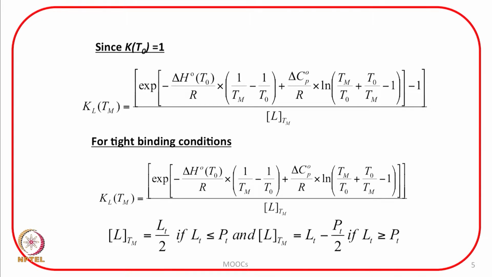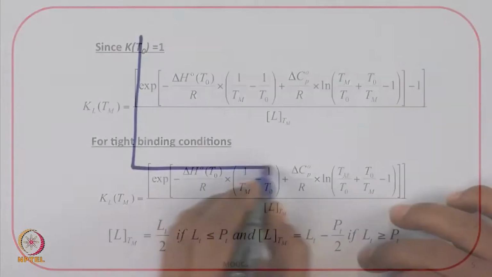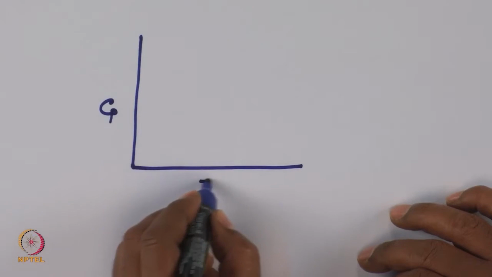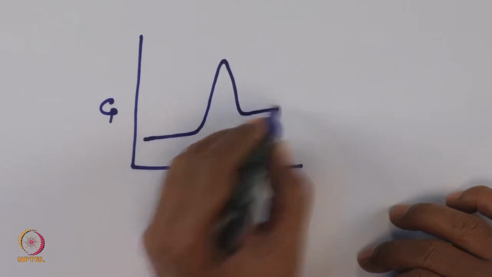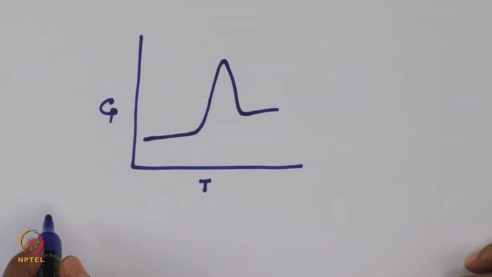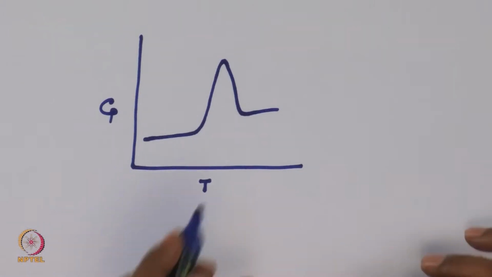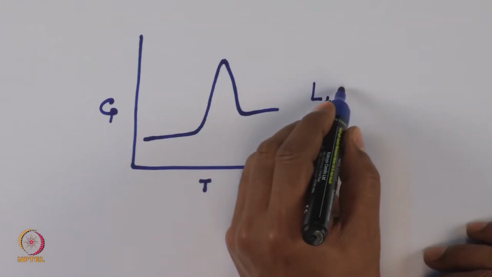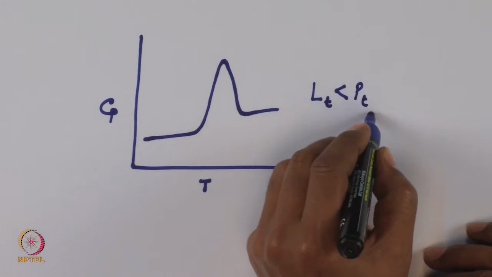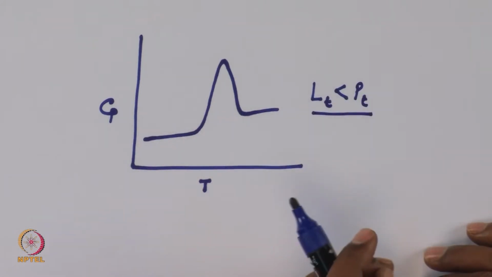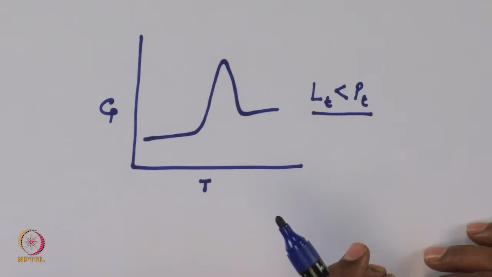How do we interpret that? Let us say this is the thermal unfolding of the protein in the presence of ligand. Now, if total ligand concentration is less than total protein concentration, that means there is no more ligand freely available in solution, because the binding is very tight.